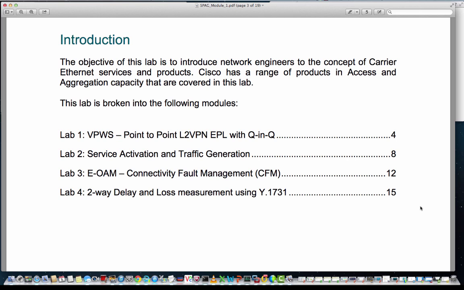The third one is Ethernet OAM. This is to monitor the EPL service that's been created. And the fourth lab is two-way delay and loss measurement. So by configuring Y.1731 two-way delay and loss measurement, we'll get an idea about delay and loss on the EPL service that's been created.